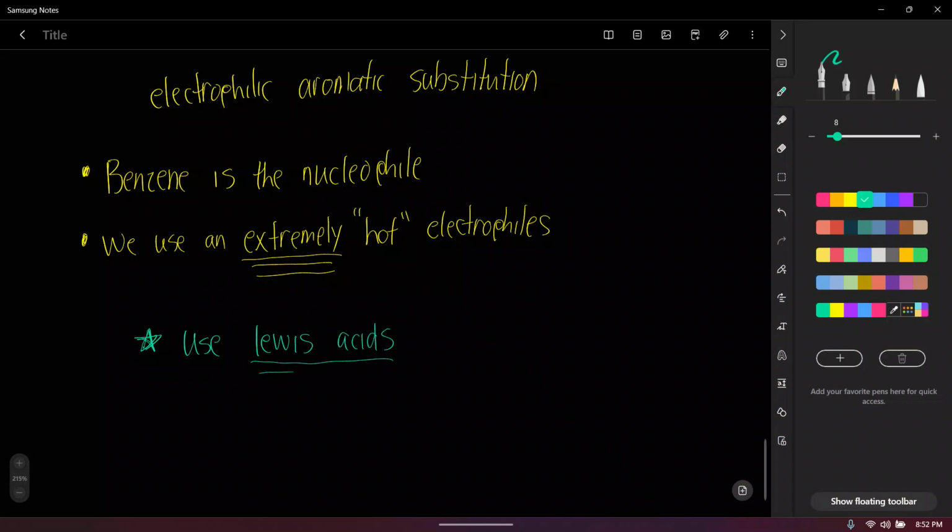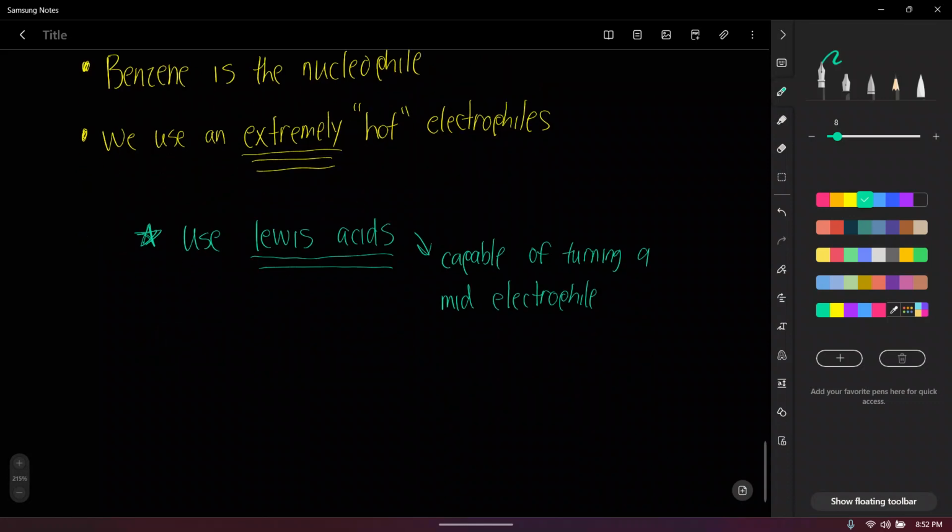The reason we use them, Lewis acids are capable of turning, you're gonna be so proud of me, I'm gonna use some Gen Z lingo, a mid electrophile, super mid, absolutely no Riz, into a hot electrophile, and that's why we use Lewis acids, okay?